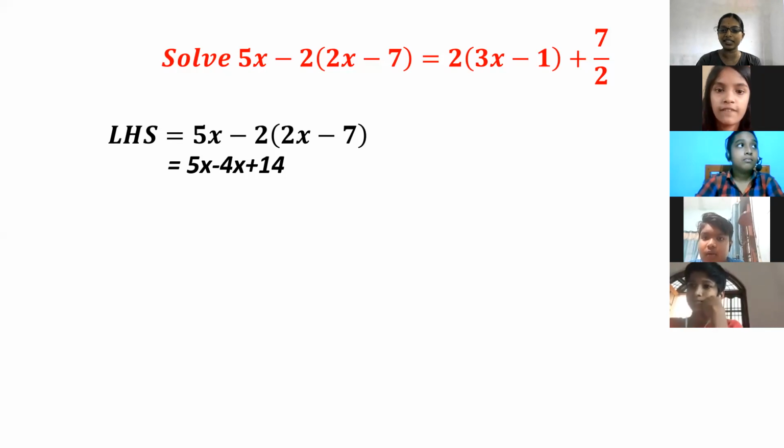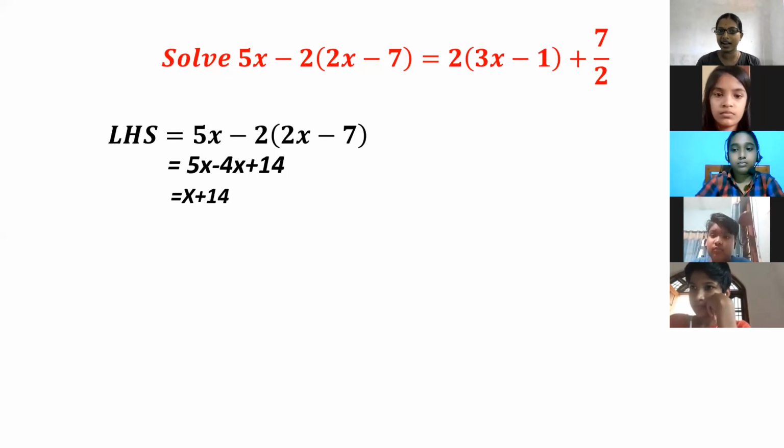We are just subtracting 4x from 5x. What is 5 minus 4? 1. Then what is 5x - 4x? 1x, or x itself. Okay, then we get the LHS as x + 14.